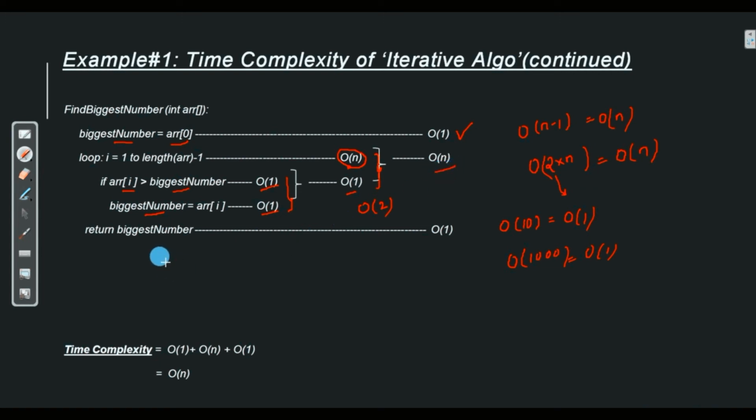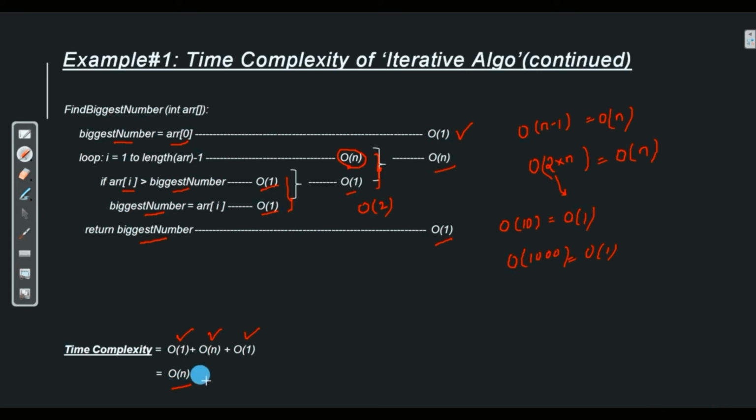Now the final statement is returning the value in the biggest number variable. That is a constant time operation. Now if we add up all of this, what we get is order of 1 plus order of n plus order of 1. So this comes to order of n.